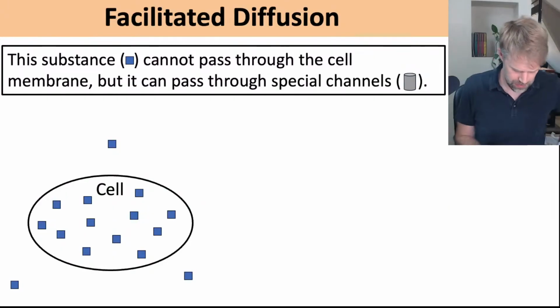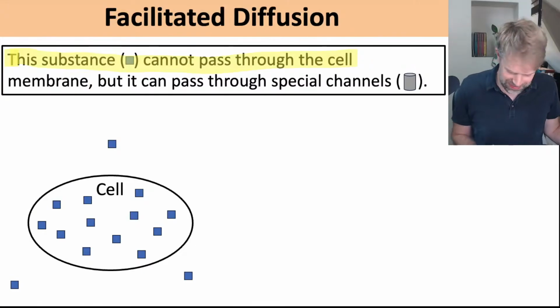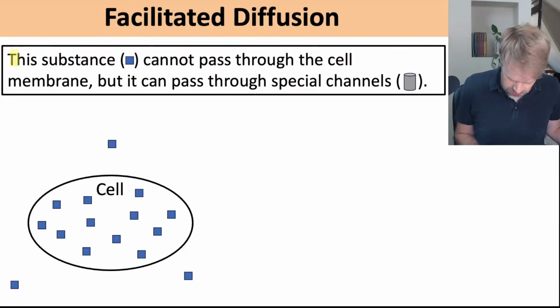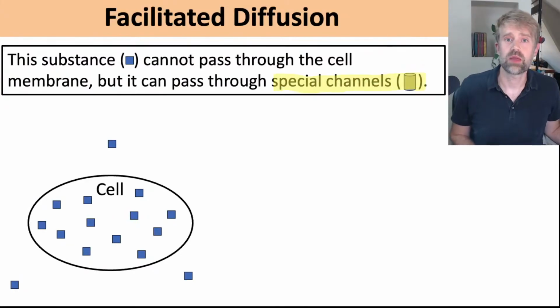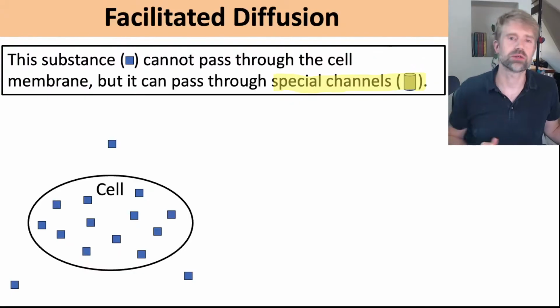Now, the information that we have about this situation is a little bit different, right? It says this substance cannot pass through the cell membrane. Okay, but it can pass through these special channels. And I'm drawing them as little gray cylinders, right?